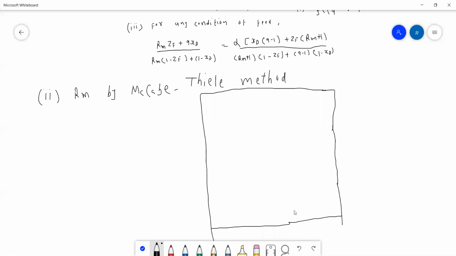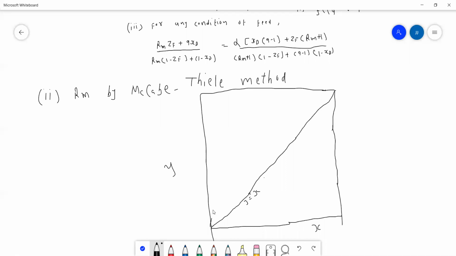first, you draw the diagonal line. This is the y equal to x line, and this is y, this is x, where y is the mole fraction of the more volatile component in vapor, and x is the mole fraction of the more volatile component in liquid.